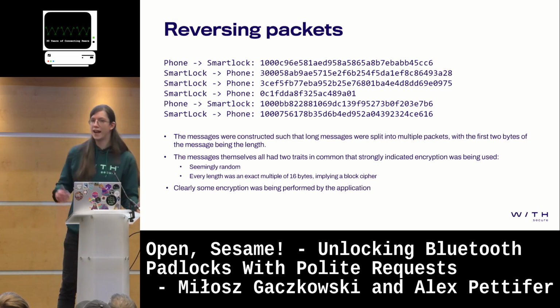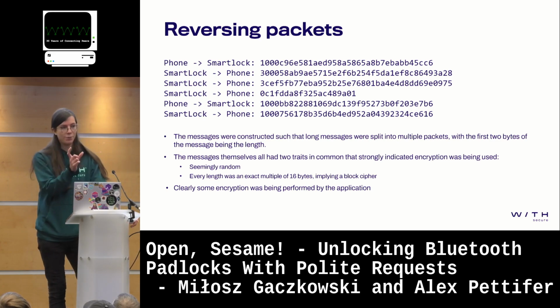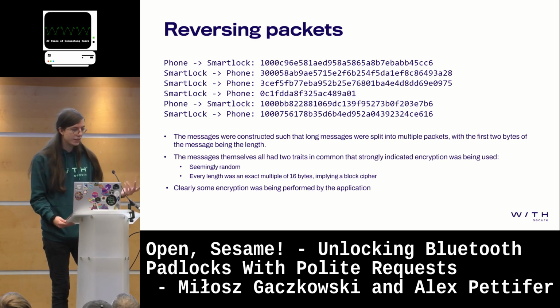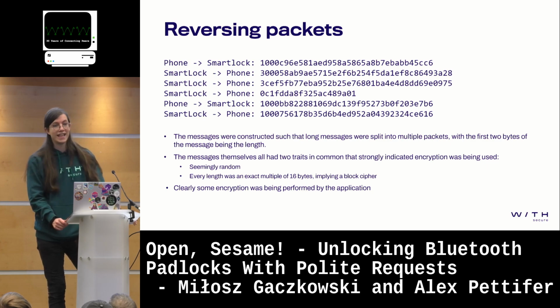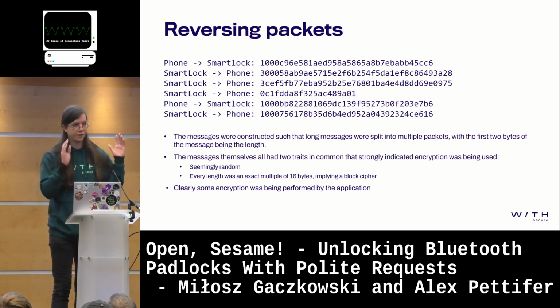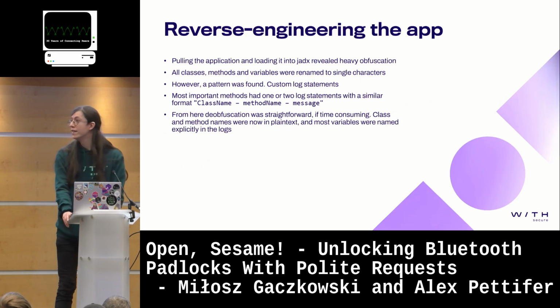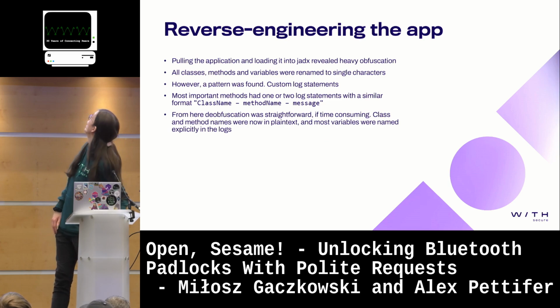Because they were so random and because they were always an exact multiple of 16 bytes long, this led to the conclusion that AES was being used, specifically a block cipher, which encrypts things in chunks of 16 bytes. So, from here, we knew we needed to decrypt the communications if we wanted to further reverse engineer it. And for that, we would have to look inside the application itself.